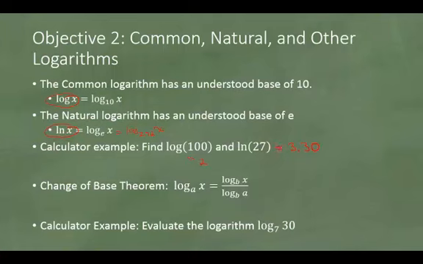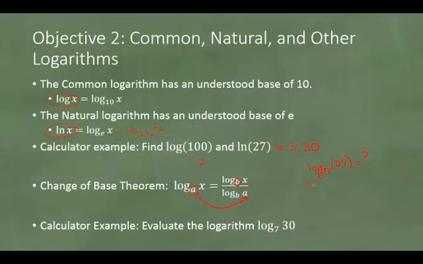But what happens if, since the calculator doesn't have more than just log or ln x, how are you going to do a different base? How would you do log with a base of 7 of 27? Well, there's a change of base theorem. And that says that if you're trying to change the base a, you can just take any log base b of x divided by log of the same base b of a, where a is the base you were worrying about.